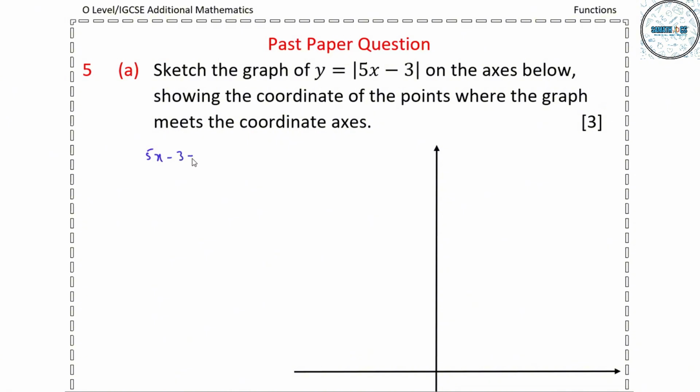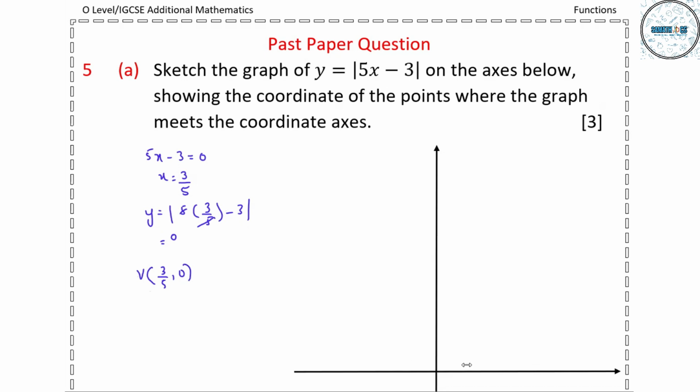So 5x minus 3 is equal to 0 and x is equal to 3 upon 5. When we substitute the value of x as 3 upon 5 in the equation, we get the y value as 0. So y is equal to absolute of 5 into 3 upon 5 minus 3, which will give the result as 0. So we have vertex 3 upon 5, 0.